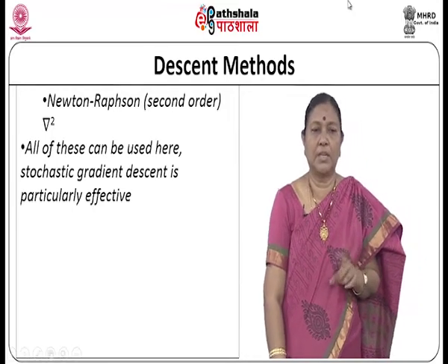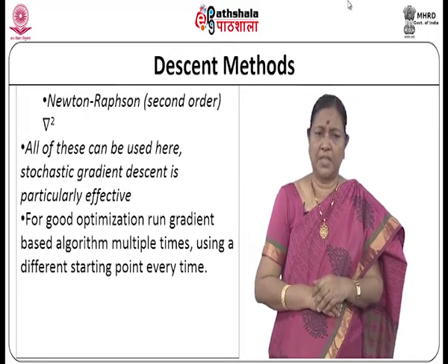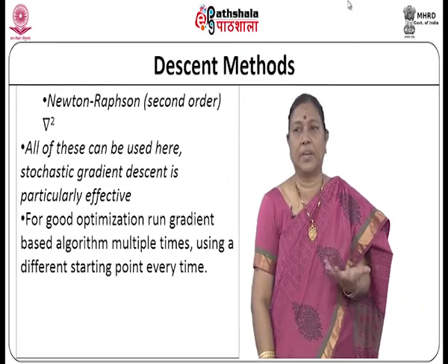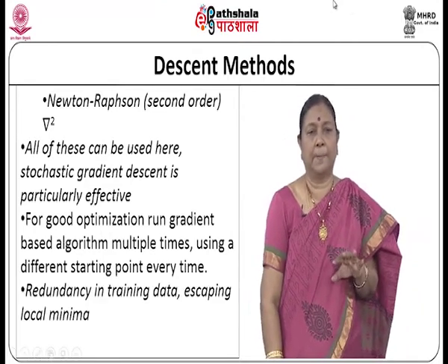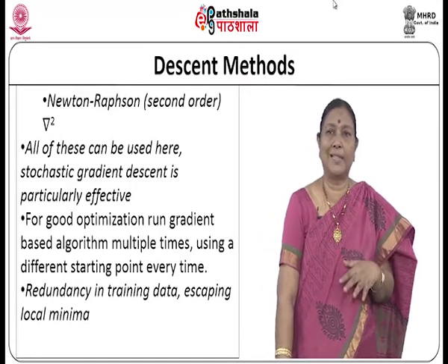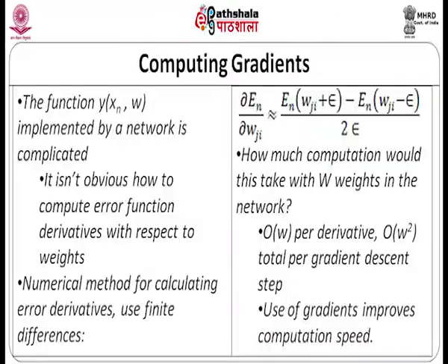All these can be used here. Stochastic gradient descent is particularly effective. For good optimization, you run the gradient based algorithm multiple times using a different starting point every time. This helps because of the redundancy in the training data, and also to escape the local minima which we saw in the previous slides.